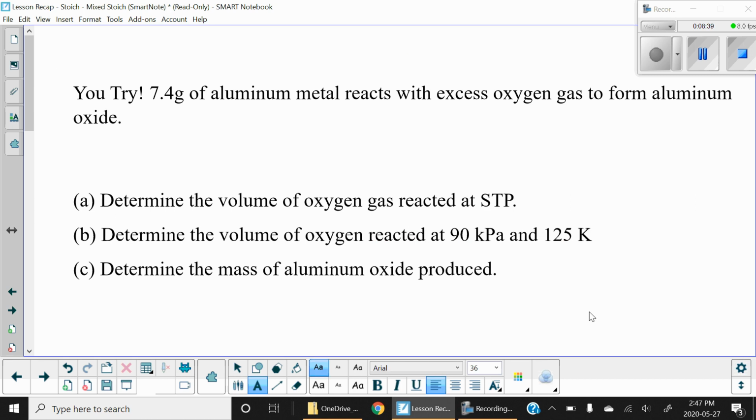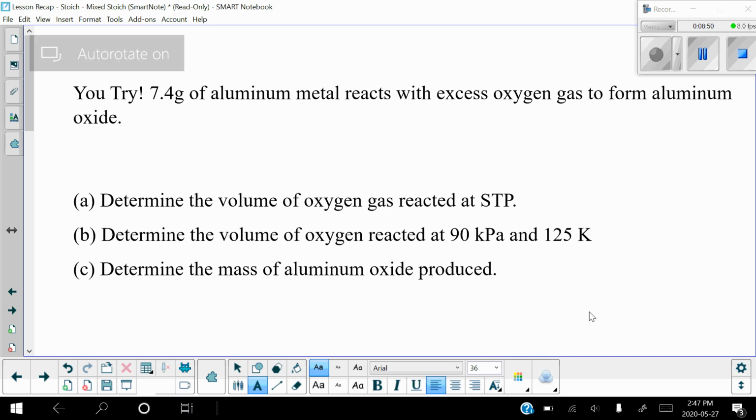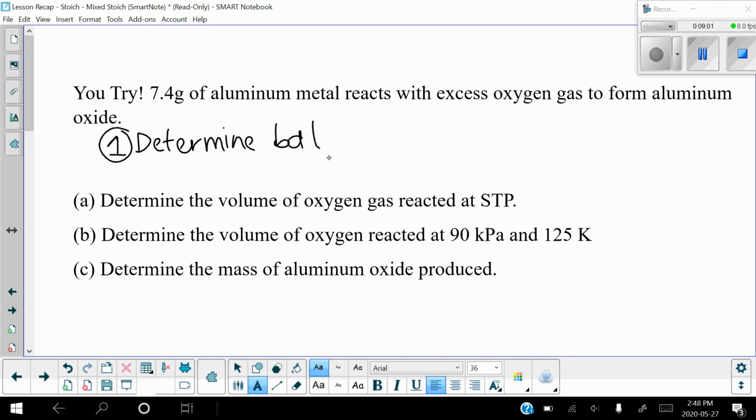And then C, determine the mass of aluminum oxide produced. Okay, so I'm going to give you a couple hints here, and then I will be back with the answers. The first thing you're going to do is determine the balanced reaction. Okay, then from there, you're going to list your known and unknown, and then use that to find your answers.